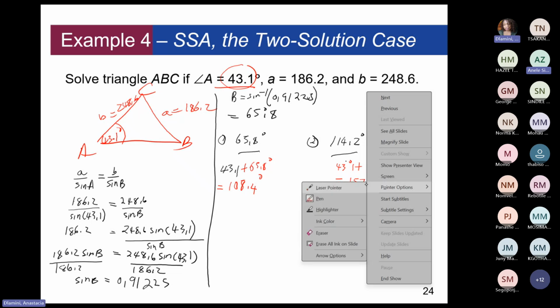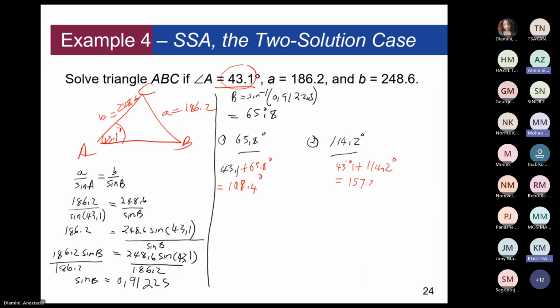Yeah, that's how I got my answers. 157.3, do you see that? So we're having a problem. Meaning that B can either be 108 or B can be 157. Are we all together?